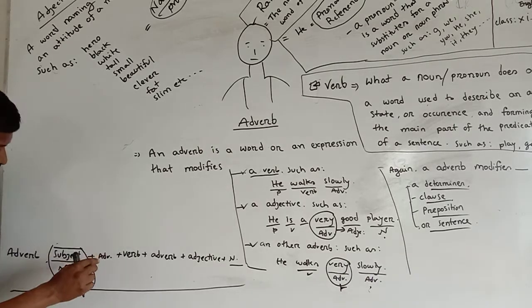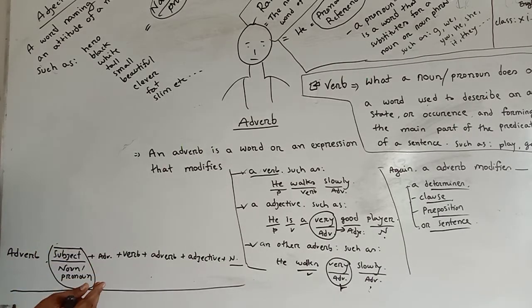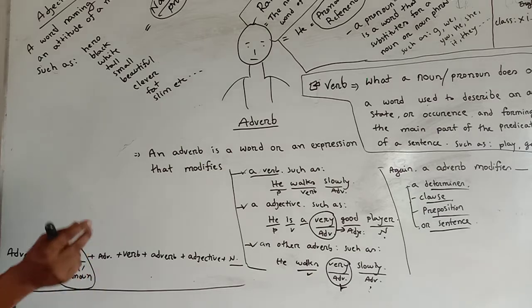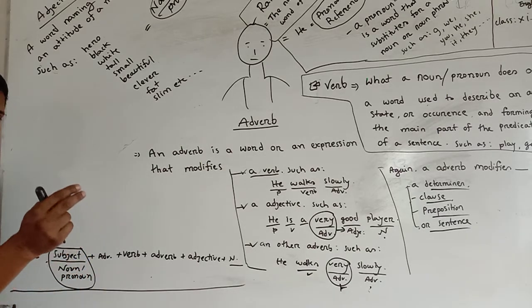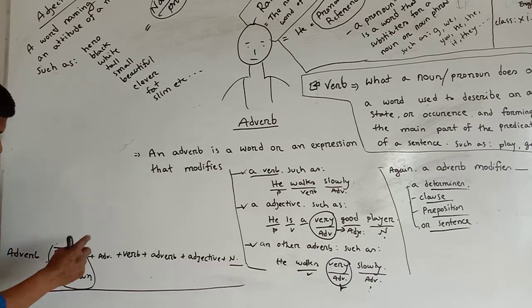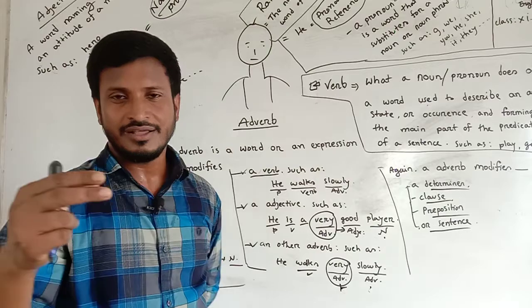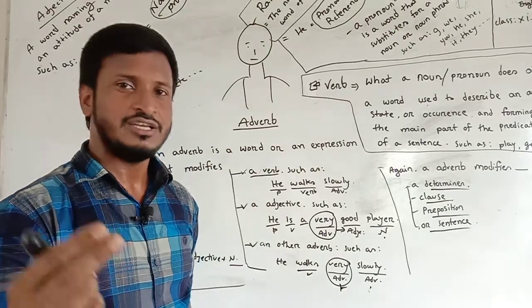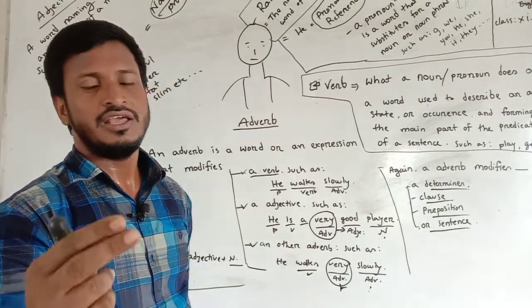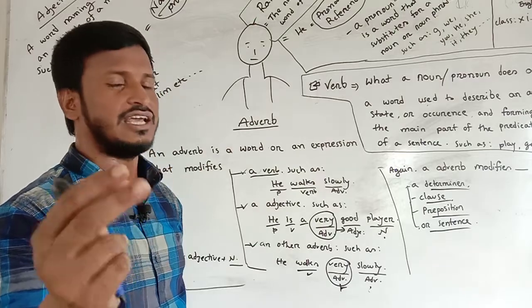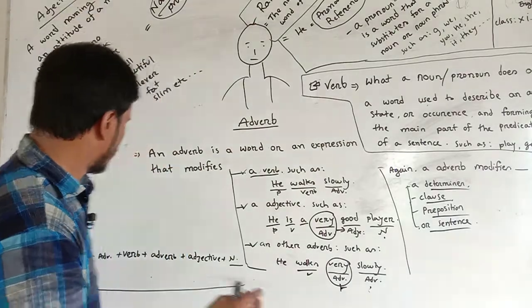If a verb wishes to be a subject, it has to act like a noun. If an adjective wishes to be a subject, it also has to work or act like a noun.